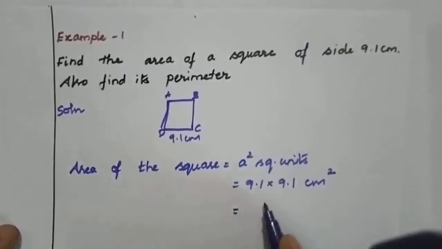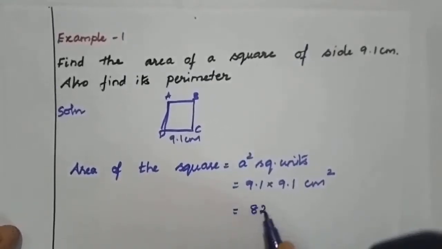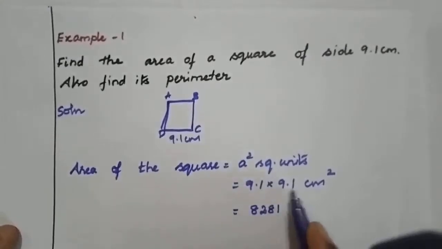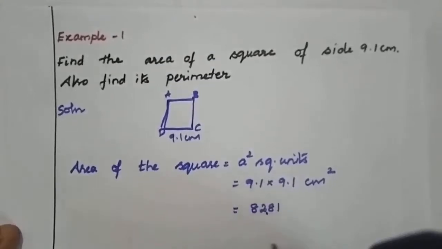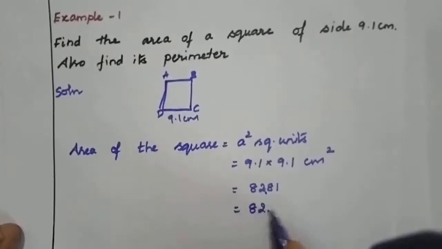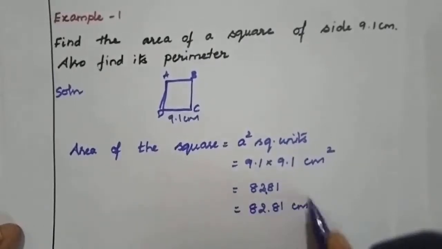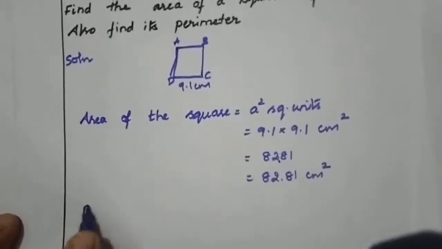So when you multiply 91 and 91, you will get 8281. So here how many decimal places are there? Yes, 2 decimal places are there. So after two digits, you have to keep the decimal point here. So the answer is 82.81 centimeter square. Next they ask you to find the perimeter of the square.